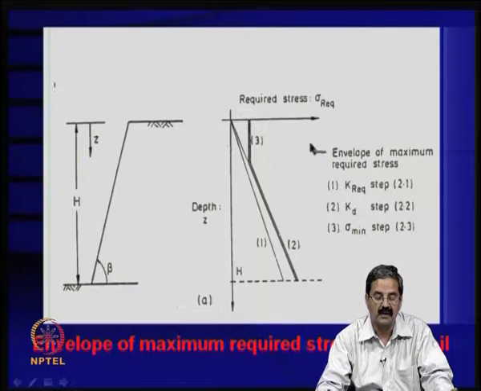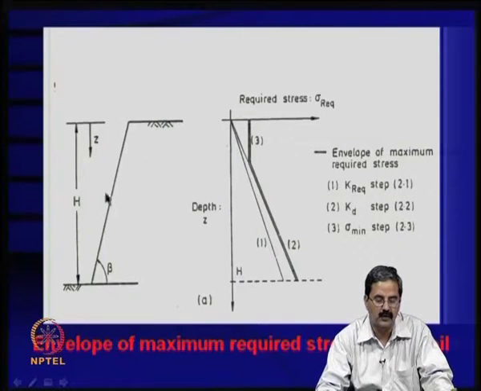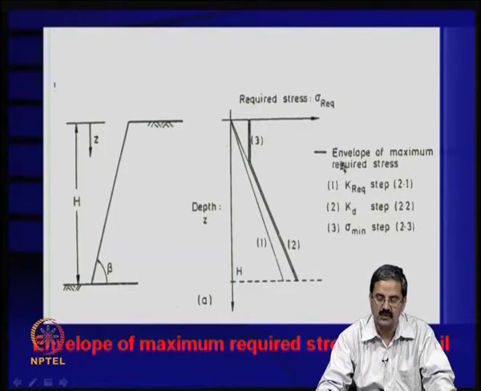That is very important. And not only that, suppose you have a surcharge here, some traffic. Even for a slope without any surcharge, there will be some lateral pressures here. So to keep it in a stable condition, we need some sort of reinforcement here as well. That is what I want to say.